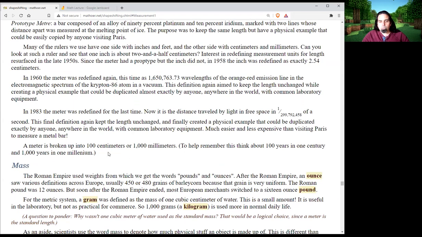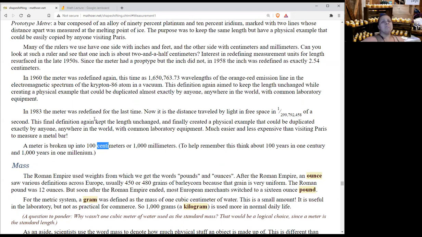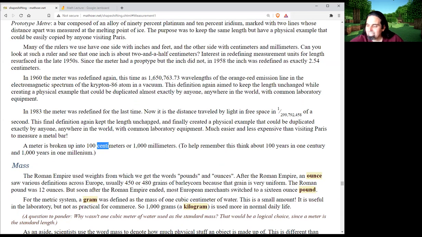A meter is broken up into 100 centimeters. How could we remember that? What does centi sound like? Middle. I'm sorry, what did you say?